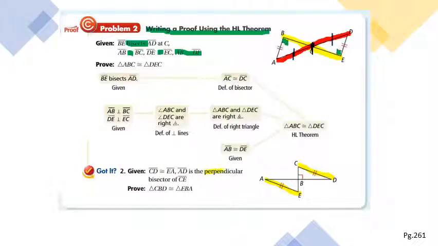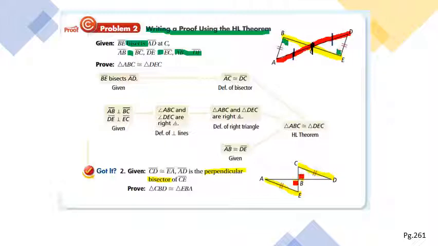Okay, so from the word perpendicular, you will understand that the angles are right angles, is it right? So here, this is right, and this, of course, right, even if they didn't say, but you know from the word perpendicular that the two angles are right angles, okay?